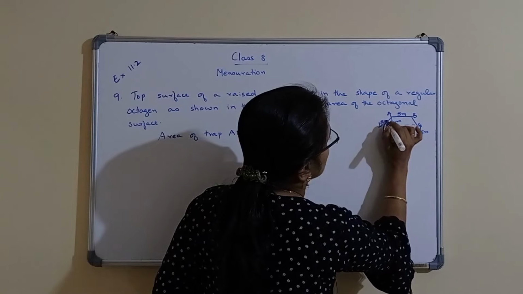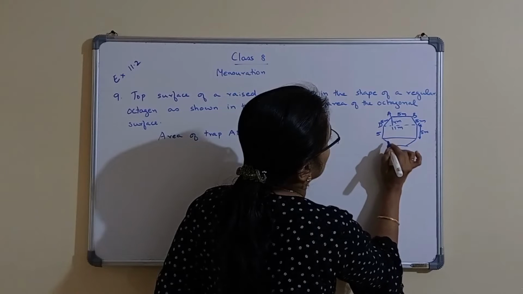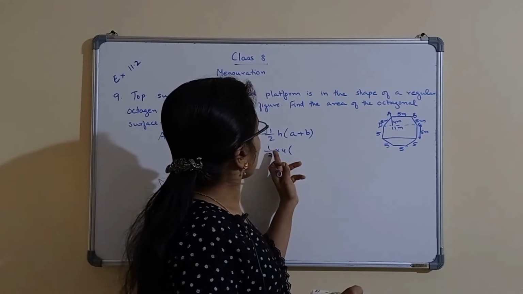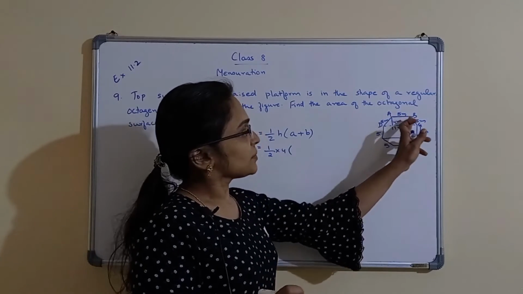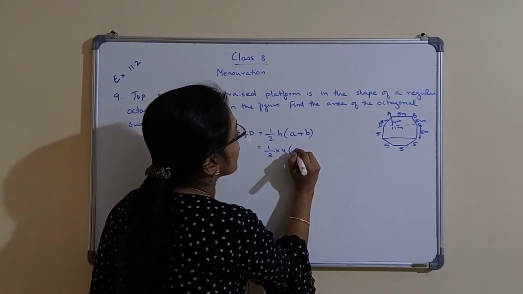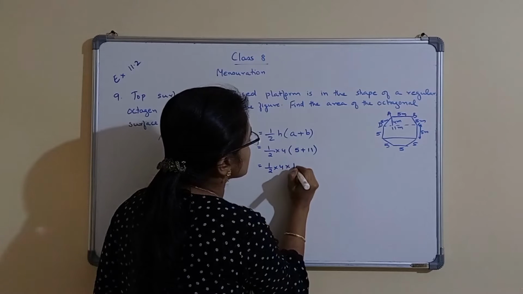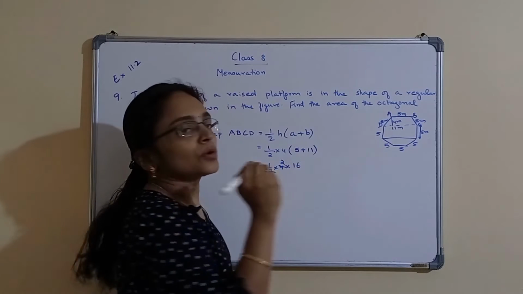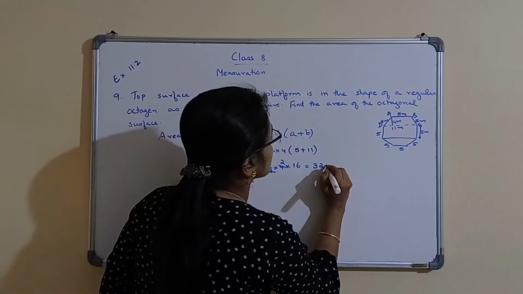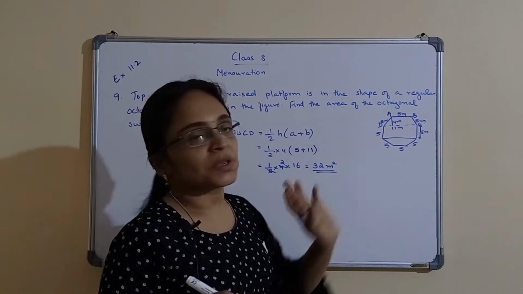So all these will be 5. Now we got AB as 5 meter and CD is 11 meter. So half into 4 into 5 plus 11, that is half into 4 into 16. So 4 by 2 is 2 and 16 into 2 is 32. 32 meter square is the area of this trapezium.